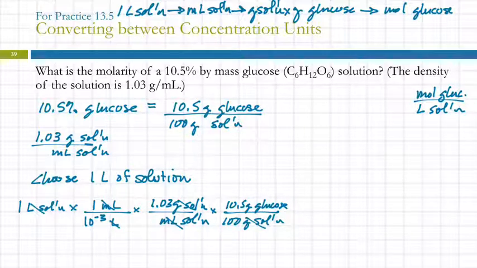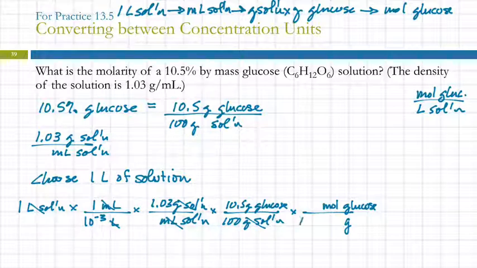And then I need to get to moles of glucose. There are grams of glucose down there. I need the molar mass of glucose, which I can never quite remember. Not well enough. 6 times 12.01 plus 12 times 1.008 plus 6 times 16, 180.156.